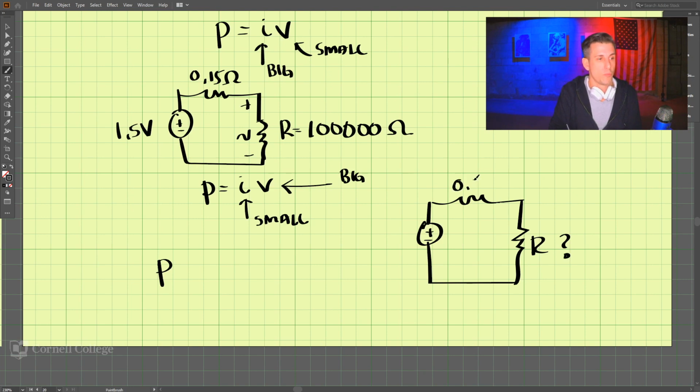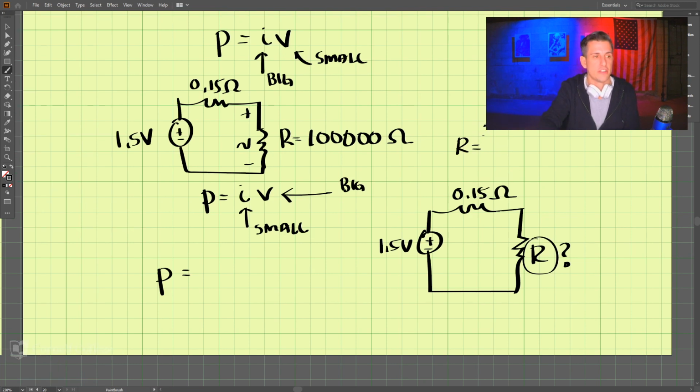If we know this is 0.15 ohms and this is 1.5 volts, if we want P to be big, what we choose for a resistance here should be equal to the Thevenin resistance for maximum power.